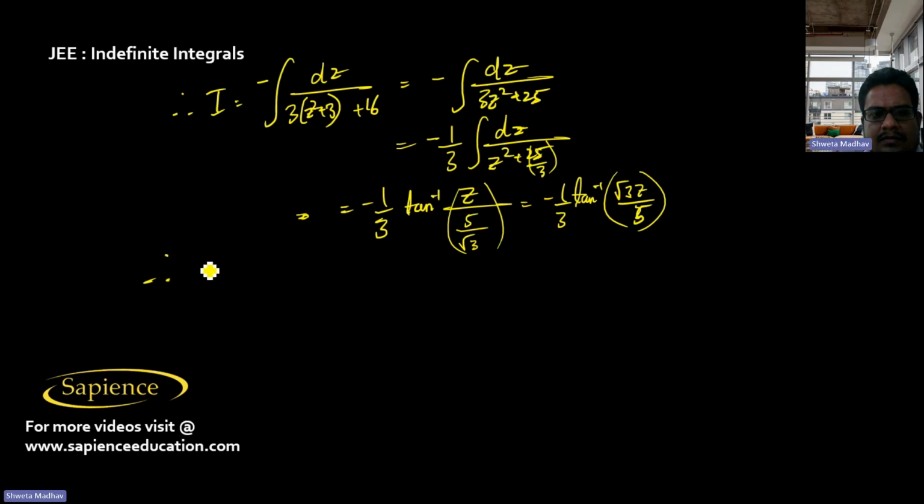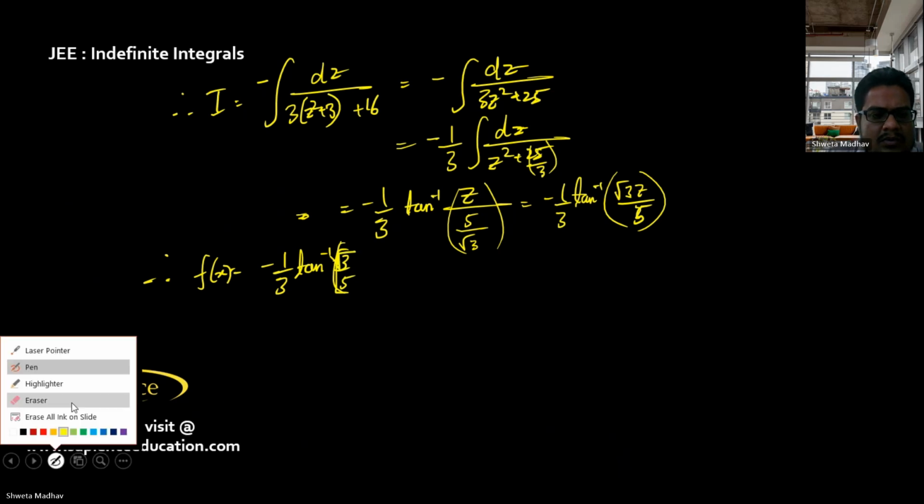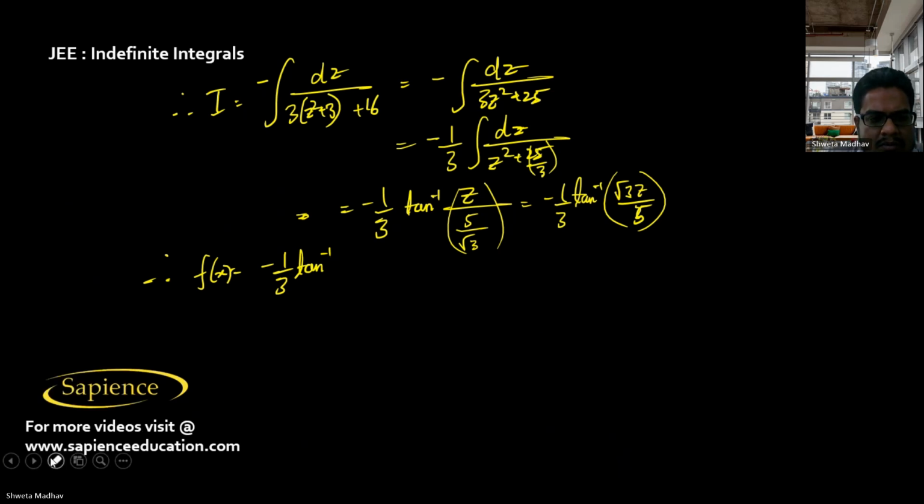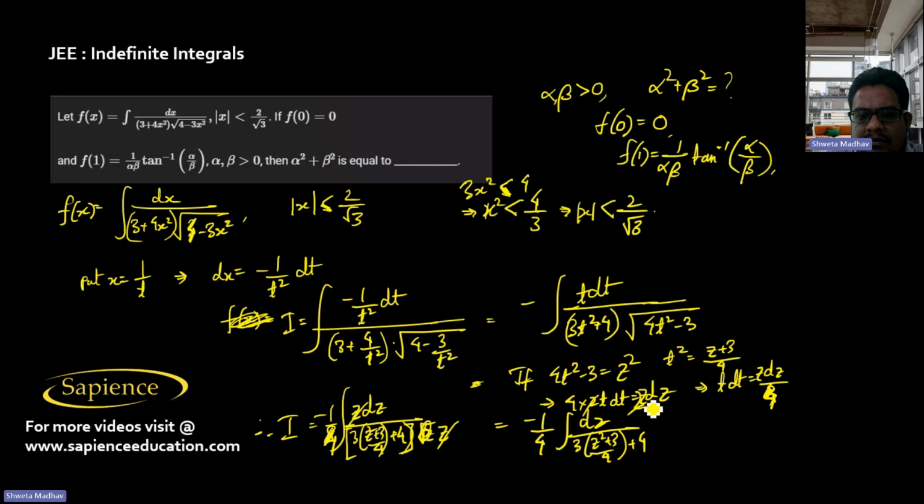So therefore the function f of x is minus 1 by 3 tan inverse of root 3 by 5 into z. So z will be root over (4t square minus 3).